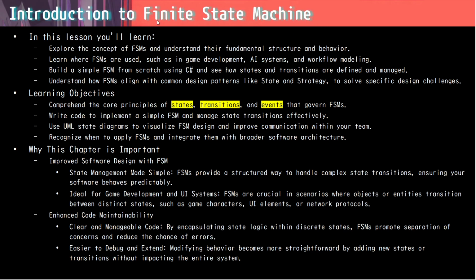Besides that, the FSM has a brother, and the name of the brother is behavior tree. So probably you heard both of them. You heard of FSM and you also heard of the behavior tree. So what's the difference between these two brothers?